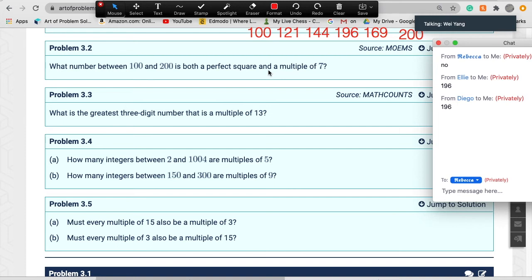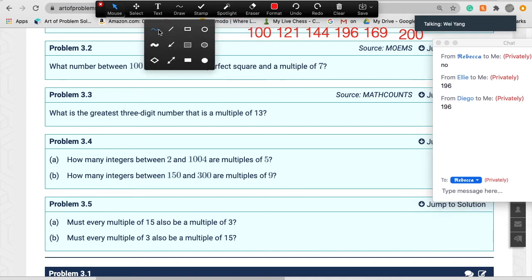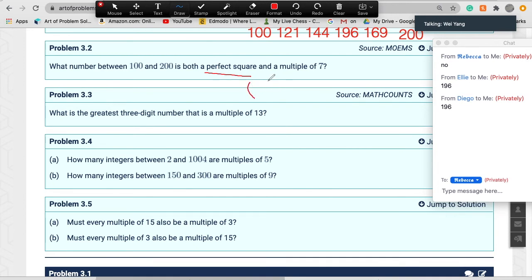Very good. So think, if you try to get a perfect square number, that means this number should be written as some number squared. And also a multiple of 7, so that means 7 should be here, times another number, suppose k.